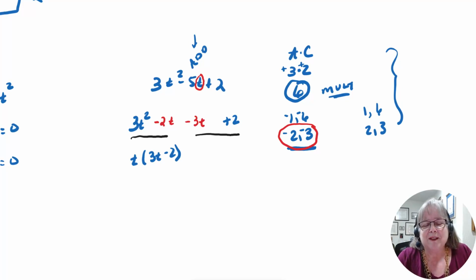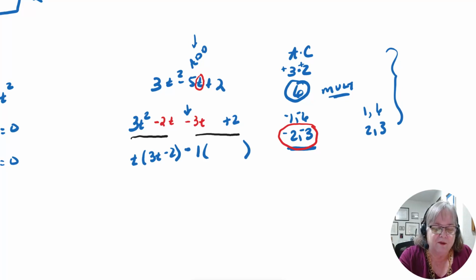But when there's nothing in common, there's always a 1 in common, and you have to factor something out, or even if it's just a 1. So I'm going to factor out a 1, and you're going to pull this negative sign right there. So I'm going to factor out a -1. So -3t dividing out a -1 is 3t. And +2 dividing out a -1 is -2.